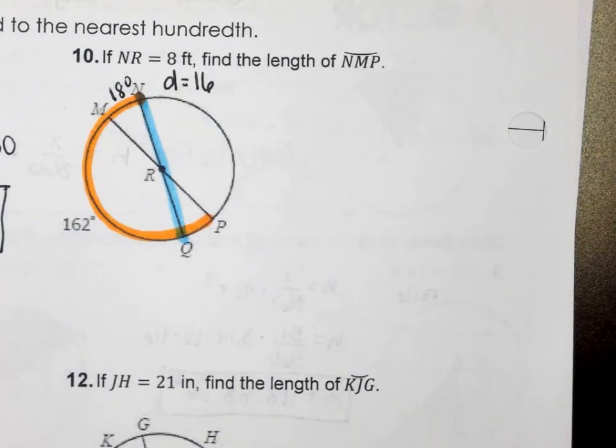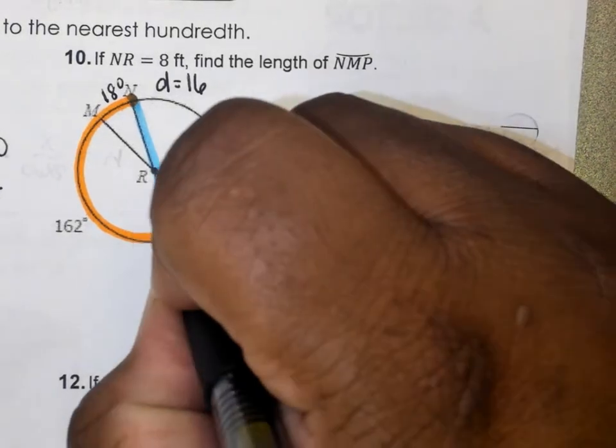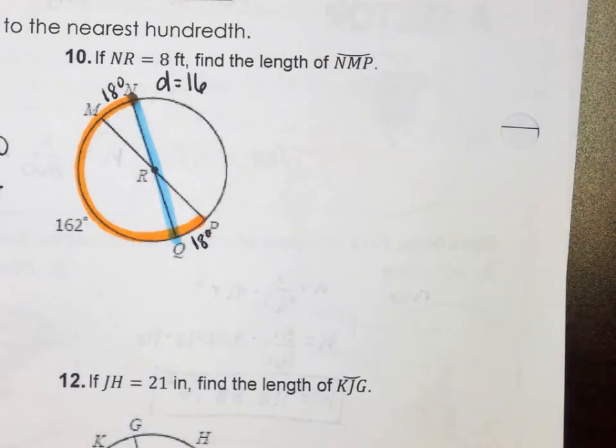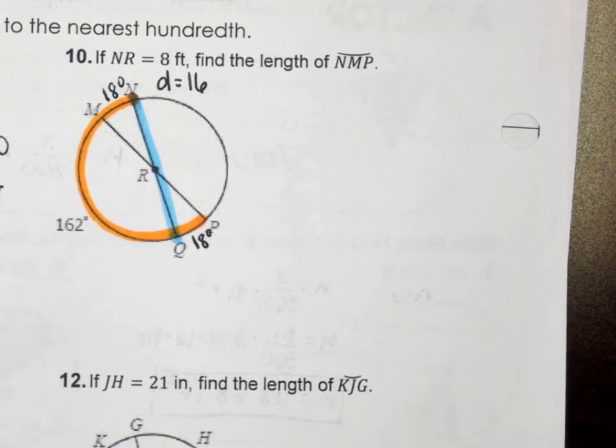And what did you get for that angle? 18 degrees. After that, she understood that MN was congruent to what? QP. So you're going to put 18 over here as well. Now I've got all the components I need.